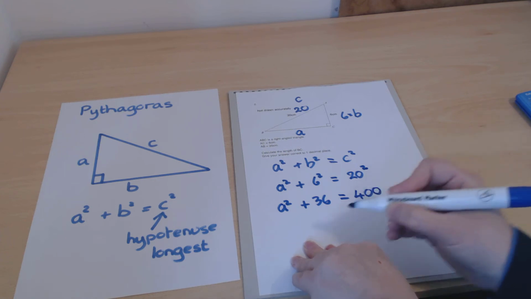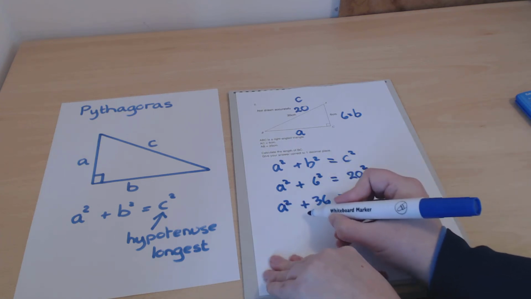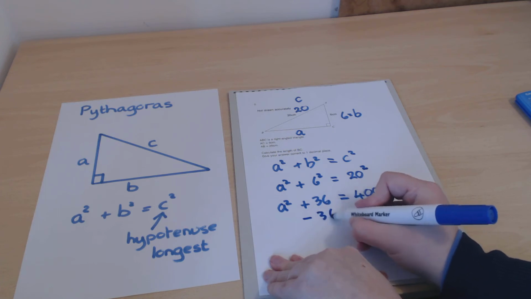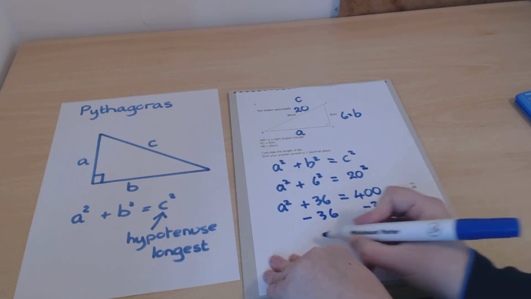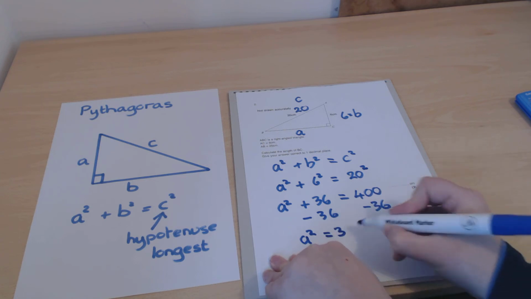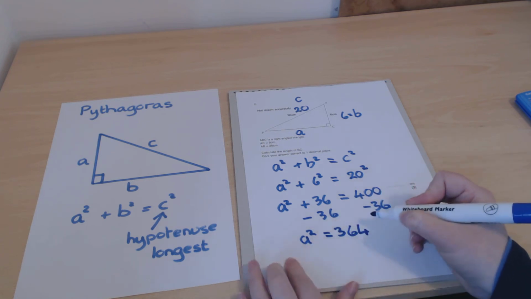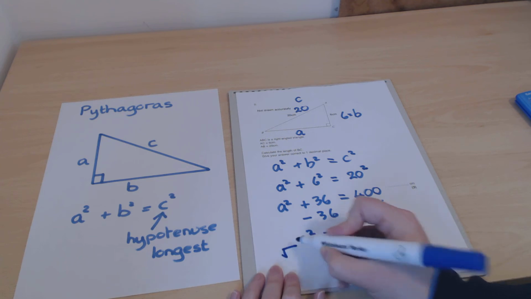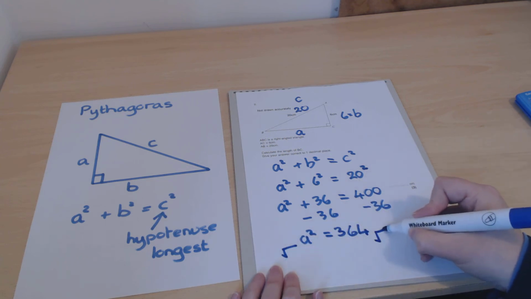So we want to get A on its own, so we're going to take away the 36 from both sides. So that gives us A squared equals 364. And then last of all, we're going to need to square root both sides.